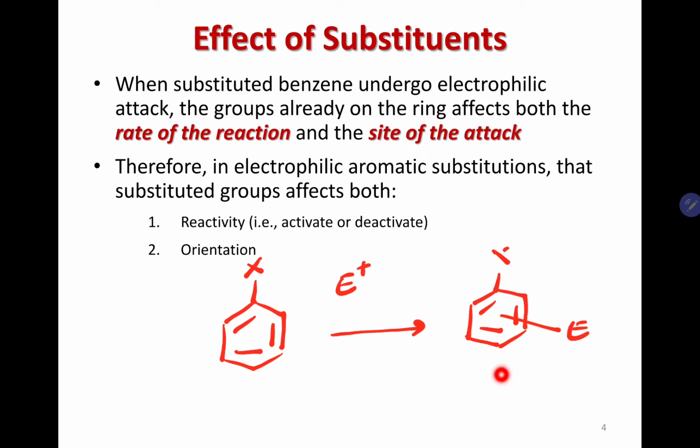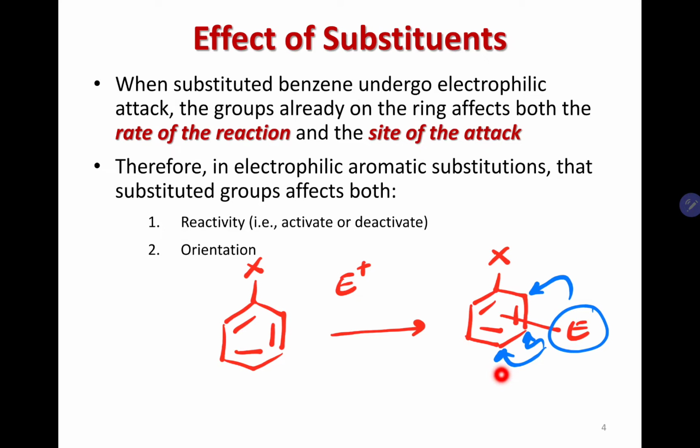Okay, so this already existing substituent X can impact the rate of the reaction, and also it can impact the orientation, which means it can direct this incoming group to an ortho, para, or meta position. It can direct it to an ortho position, to a para position, or even to a meta position. So basically, X can do two things.